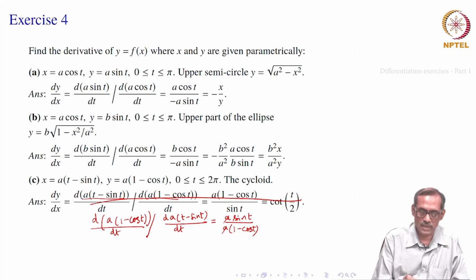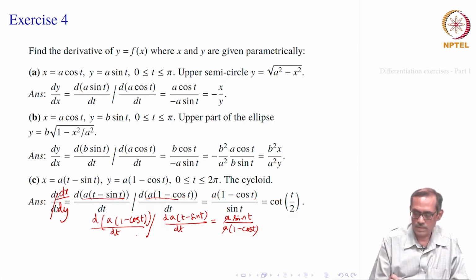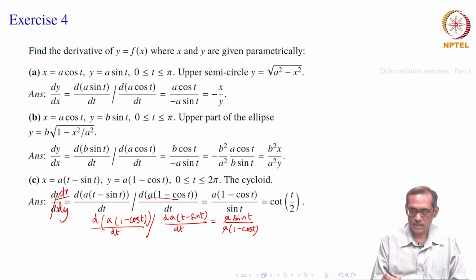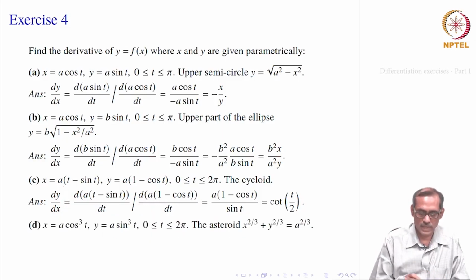What we calculated earlier was dx by dy, not dy by dx. If you want to compute dx by dy, that will be equal to the one given on top. That is how we will be proceeding, and this is sin t divided by 1 minus cos t. Okay, so let us go to the next one.